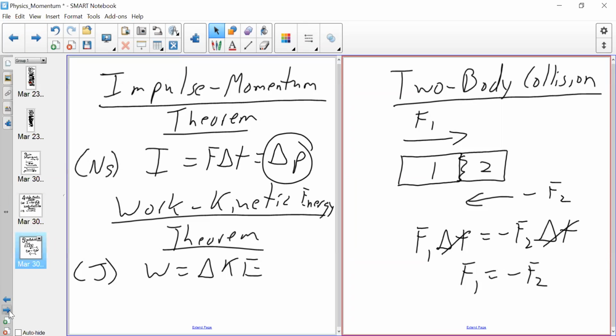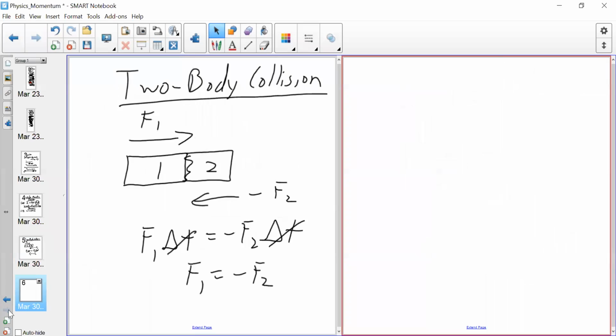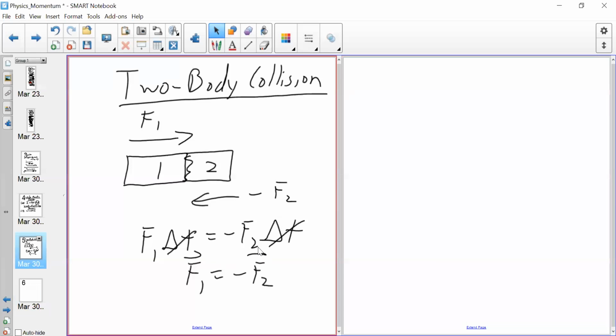So let's go with this idea of Newton's third law, and then we can attack it with the impulse equation, or we can attack it with this Newton's law relationship. Let's choose that one because it looks easier.